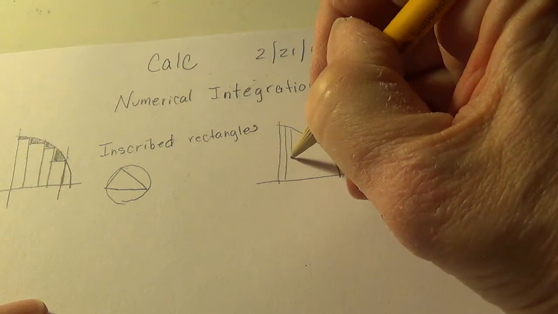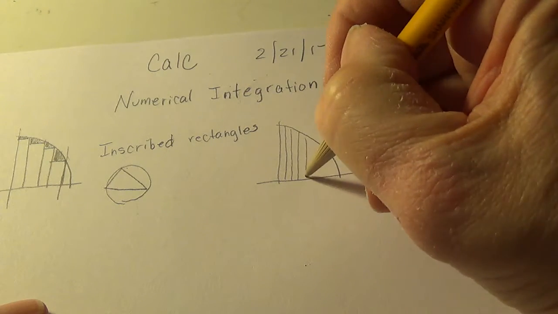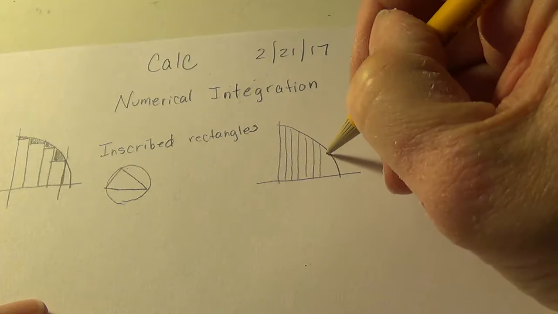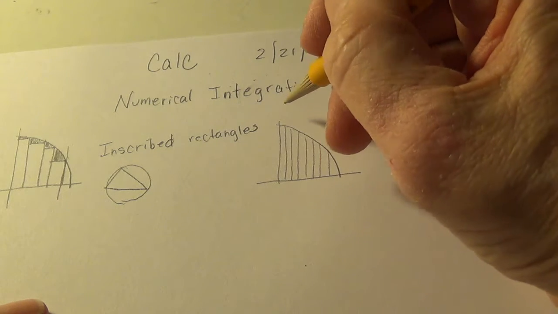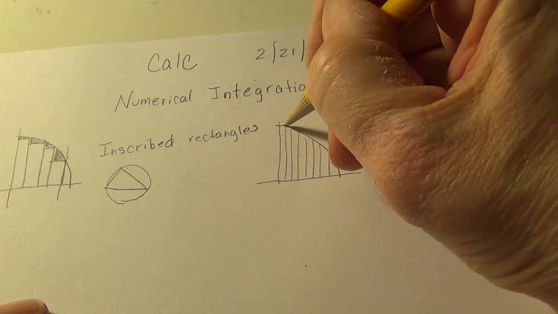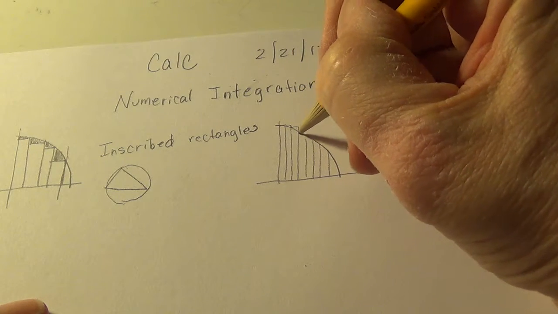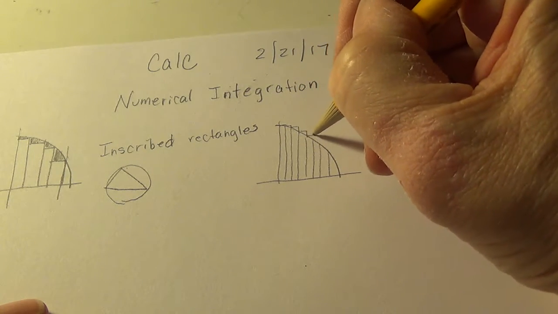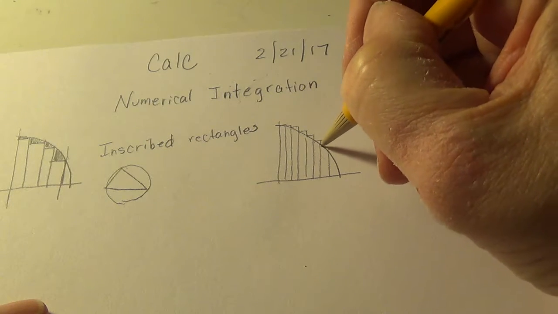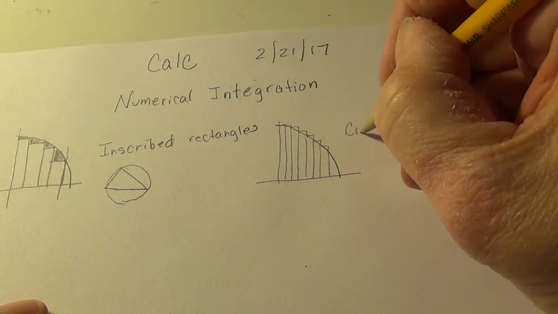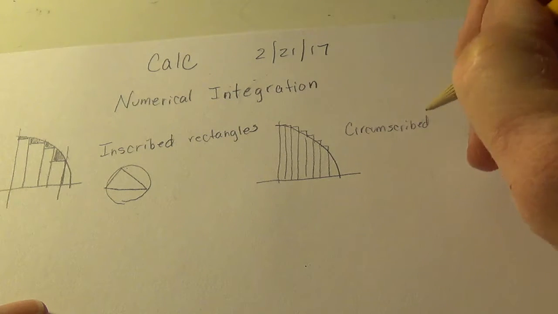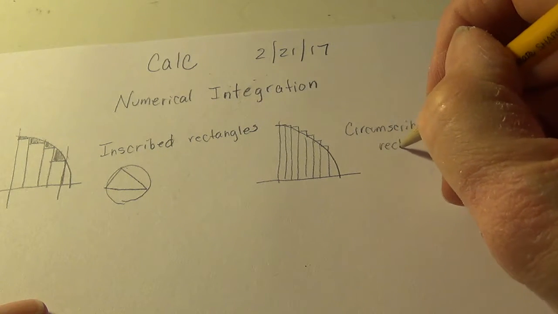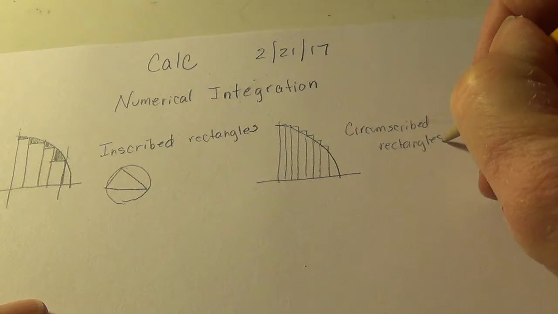So 1, 2, 3, 4, 5, 6, 7, 8. And I'll do upper ones this time. Upper ones, in this case, are also right ones, and they're called circumscribed rectangles. So that's another name you might run into.